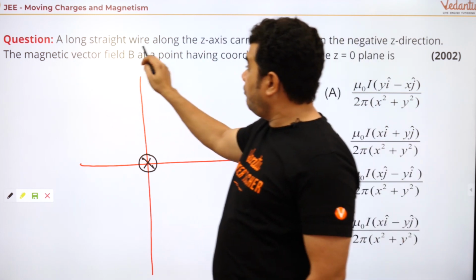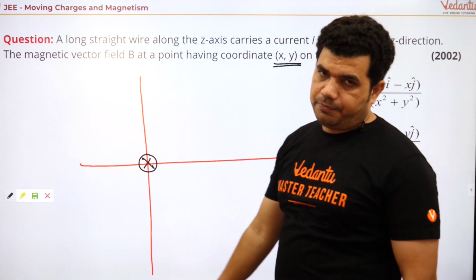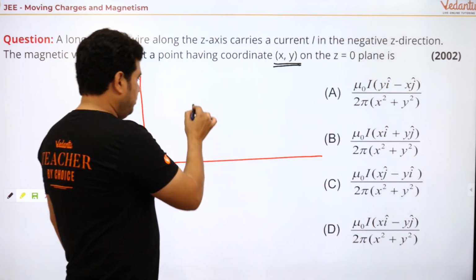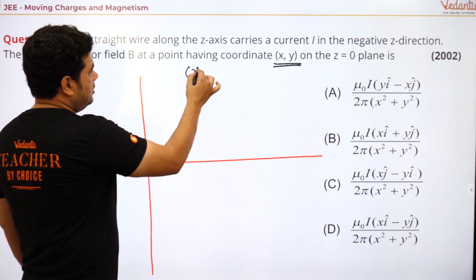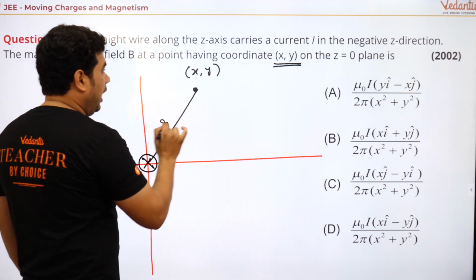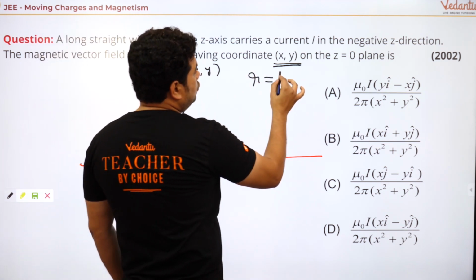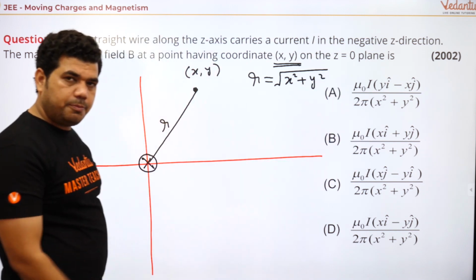The magnetic vector field B at a point having coordinates X, Y. So, here, suppose there is a point, coordinates X, Y. And if we join this, we can say R, and what's R? R is root of X square plus Y square. We can say.